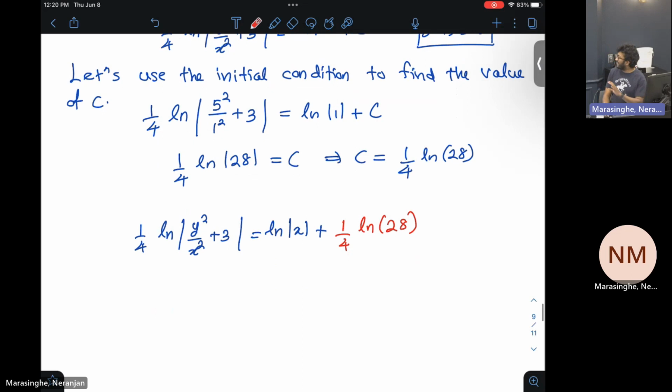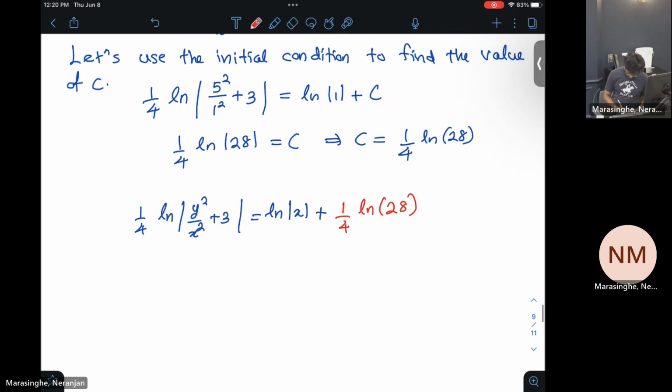And I would take that red colored piece into my left hand side. I get 1/4 natural logarithm of y square divided by x square plus 3. I'm not writing the absolute value sign because I know that the thing appearing inside the natural logarithm is positive. y square is positive, x square is positive, 3 is positive, everything is positive.